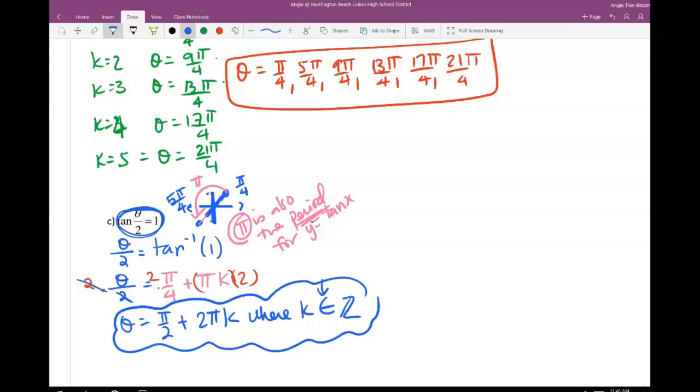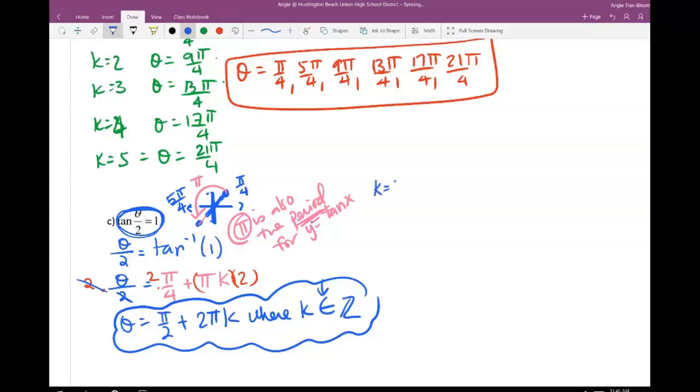And you can only have 1 equation for tangent because the angles directly across from one another result in the same exact solution, okay? Only for tangent and cotangent. If you write 2 equations, I'm gonna take points off because it's kind of like not reducing, so keep that in mind. Now let's write down our first 6 solutions.